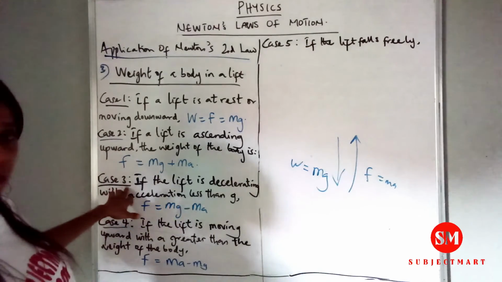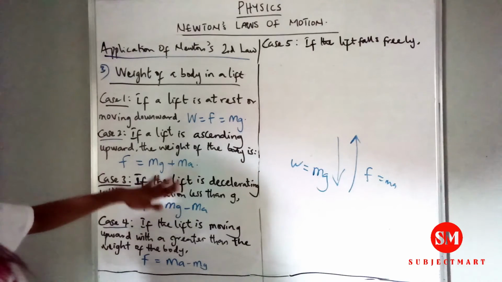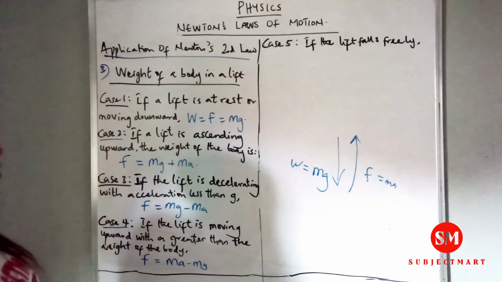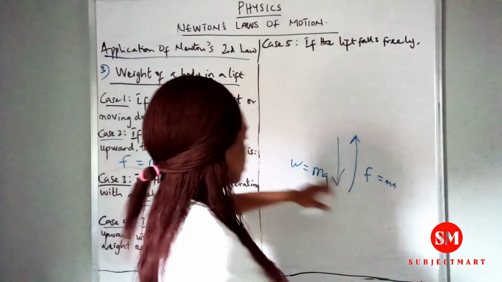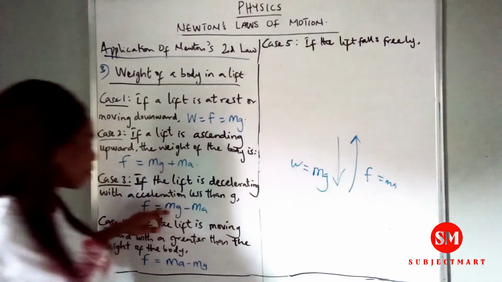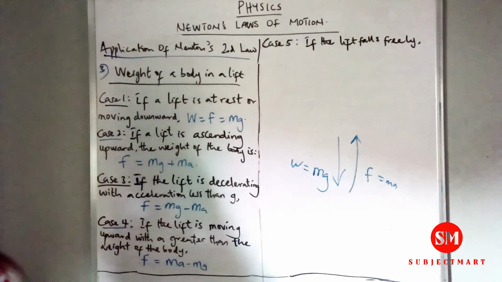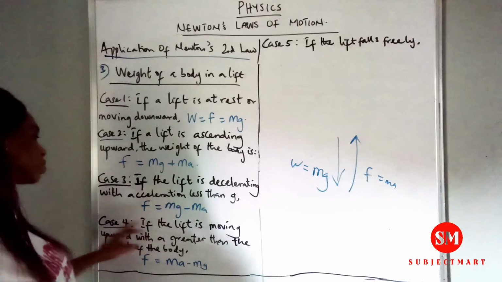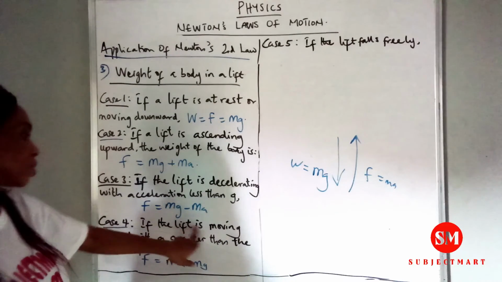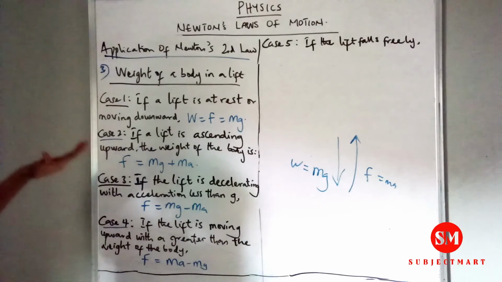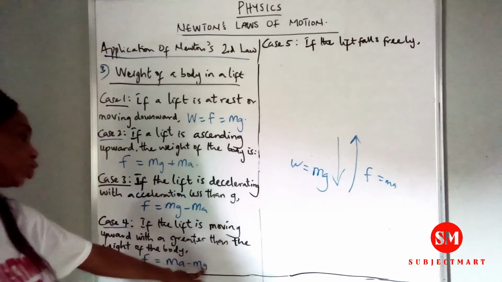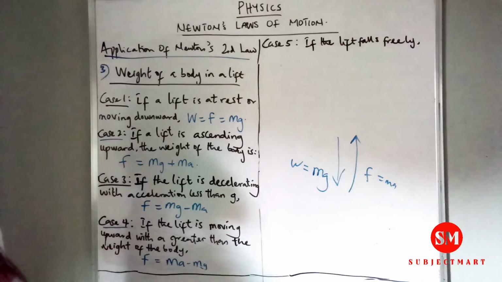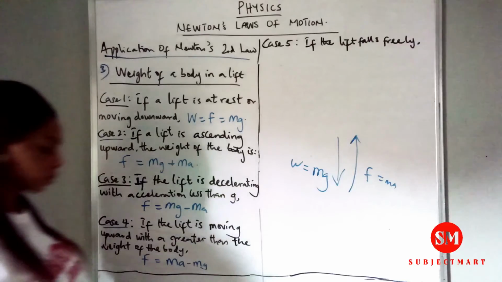Now, for the third case, if the lift is decelerating such that the acceleration a is less than g, then we have mg minus ma. For case 4, if the lift is moving upward such that acceleration is greater than g, then we have F equals ma minus mg.